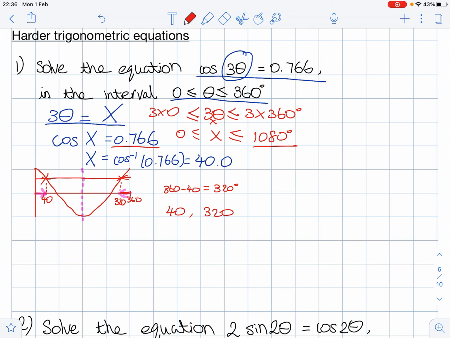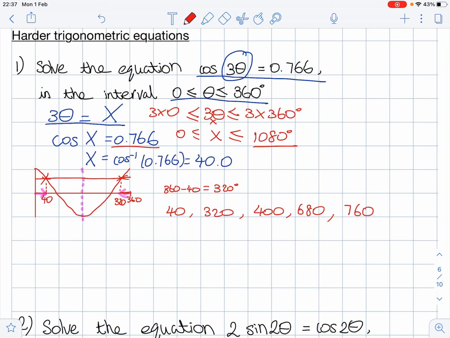Then remember it repeats every 360 degrees. So 40 plus 360 is 400. Then 320 plus 360 is 680. Then it will repeat again. So 400 plus another 360 is 760.